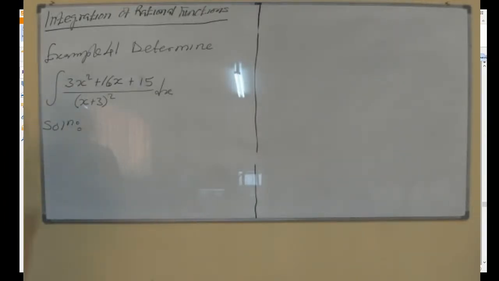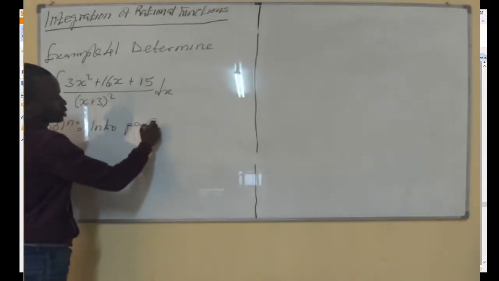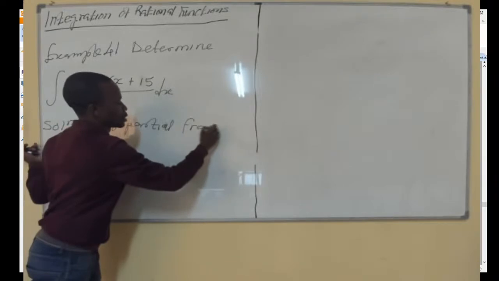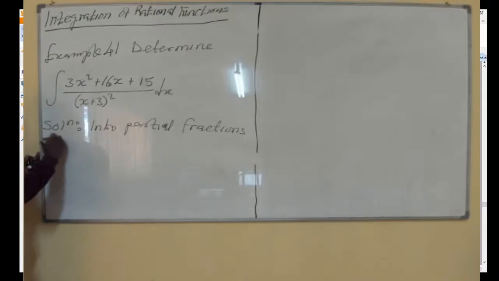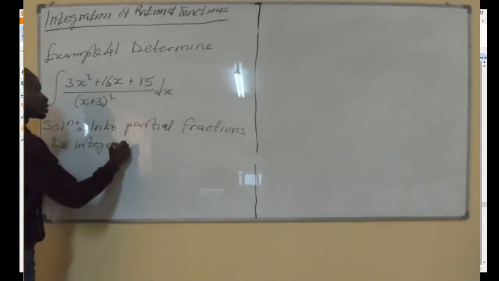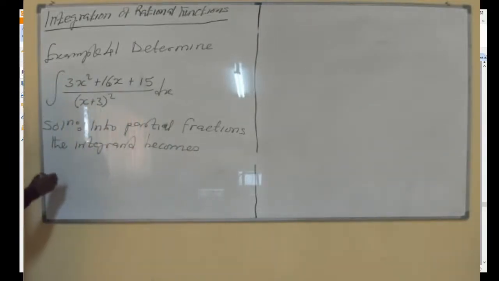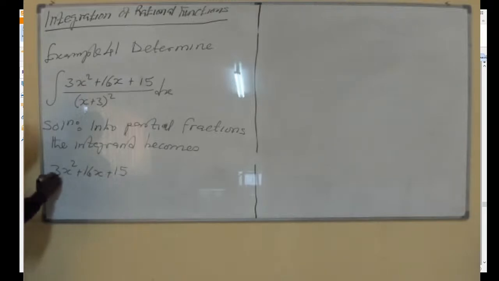Solution. So into partial fractions, the integrand becomes, now our integrand is 3x squared plus 16x plus 15 over x plus 3.